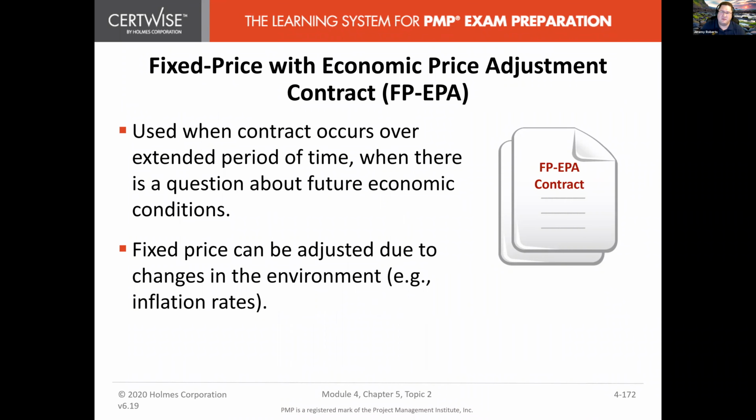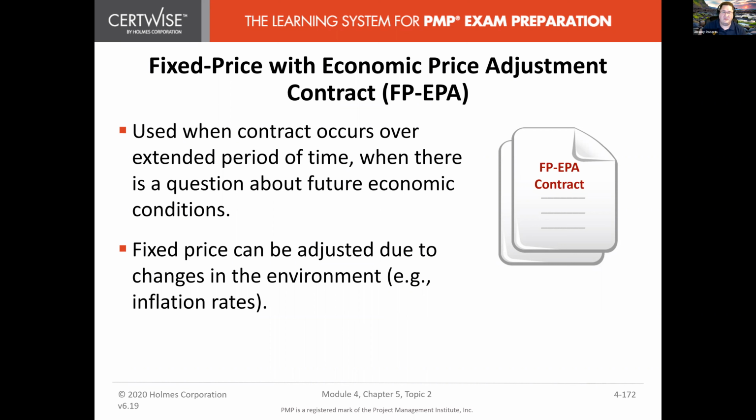So fixed price with economic price adjustment. So good for long running contracts. When you're questioning the economic conditions, for example, when gas prices went up to $5-6, you guys remember that a couple of years ago?